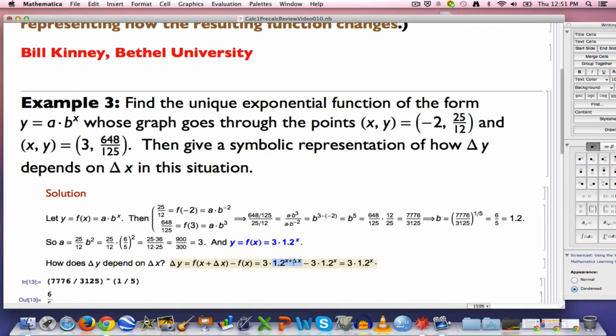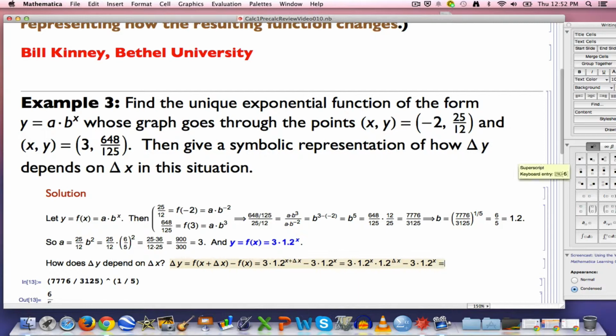You should look at this expression and say, there must be some rule of exponents that will allow me to change that. I hope you remember that. And yes, there is. Usually you do the algebra the other way. Here we're doing the algebra to separate this out into 2 different exponential terms, 1.2 to the x times 1.2 to the delta x. I still subtract 3 times 1.2 to the x.